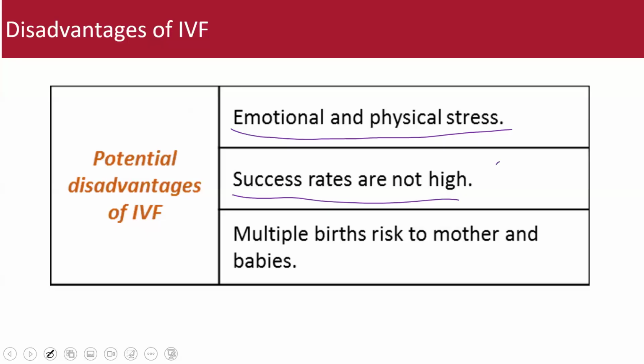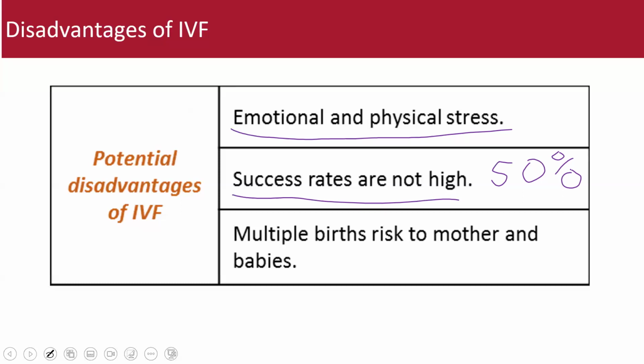Success rates are not high. Hospitals will often say 50% success rate. People move house to get as near as possible to a hospital with high success rates. I don't live far from a hospital here, and if it had a good success rate in IVF, people would actually move to be near this hospital to get those success rates.